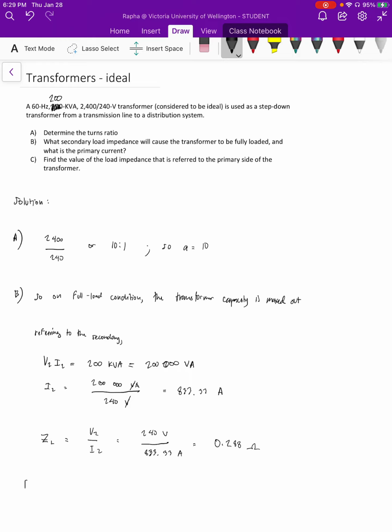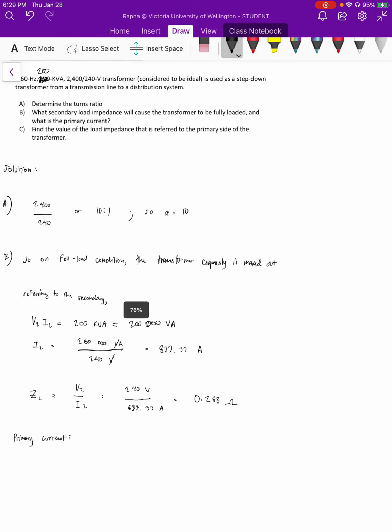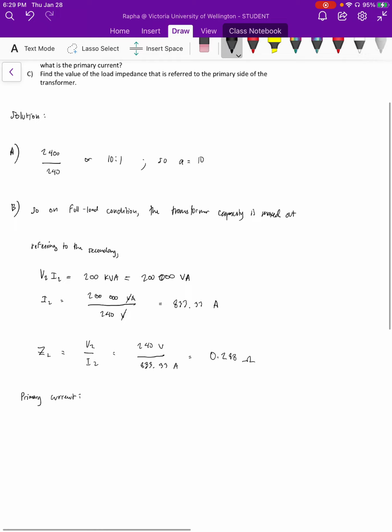Then primary current, ma-compute na nato si primary current because we already know the value of the secondary current. So I1 or primary current is equal to the secondary current I2 over the turns ratio, letter A. This is equal to 833.33 amperes divided by 10.